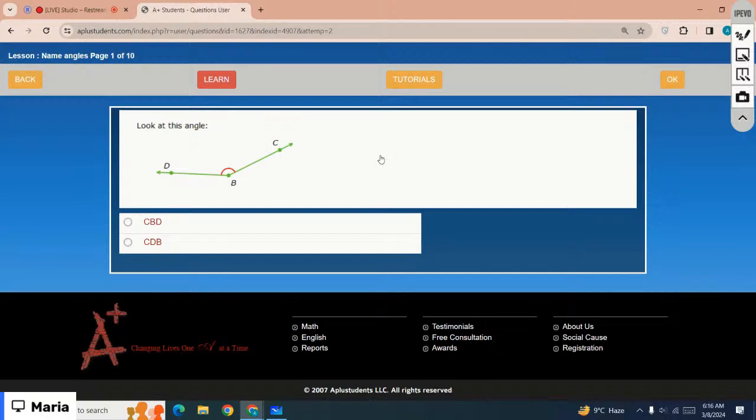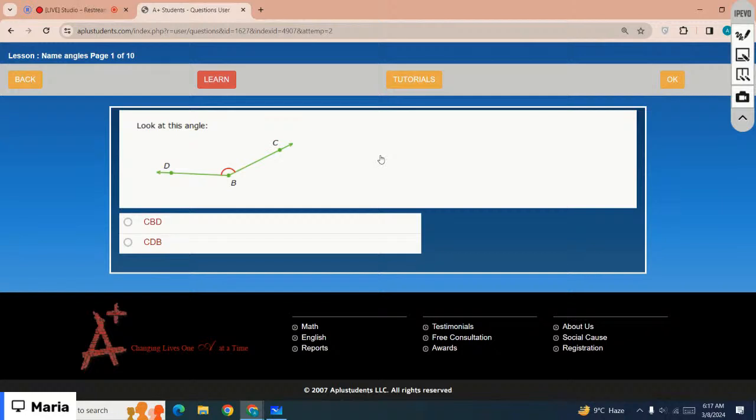Okay, look at this angle. What is the name of the angle? That is CDB, right?